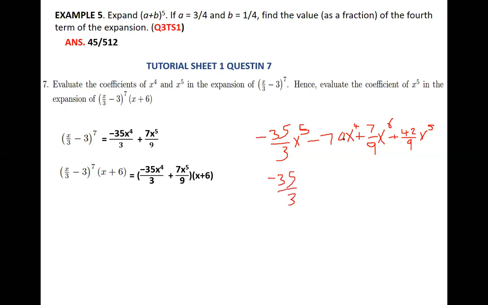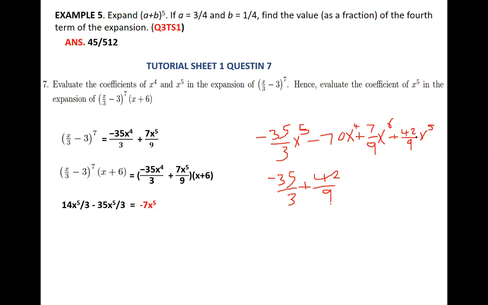This one is x to the power 4, so you leave it. And this one is x to the power 6, you leave it. And then you also get 42 over 9. So this is what I was just trying to explain here. Then when you add the two, you discover that your answer is going to give you this.